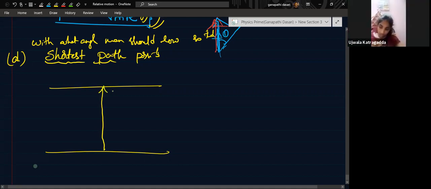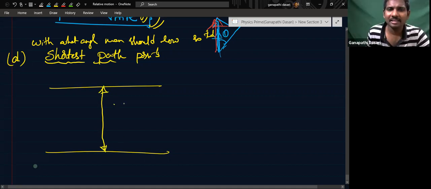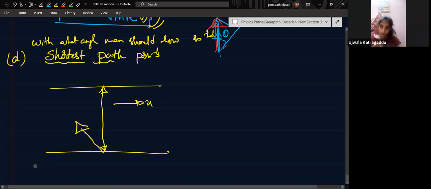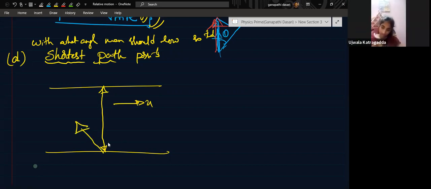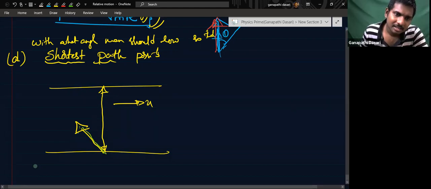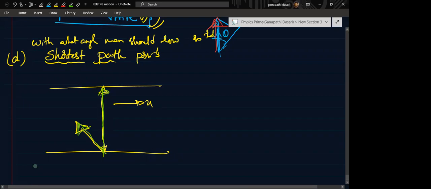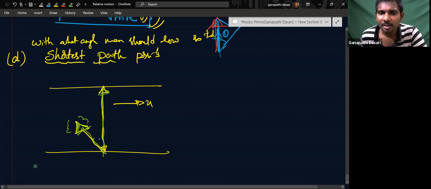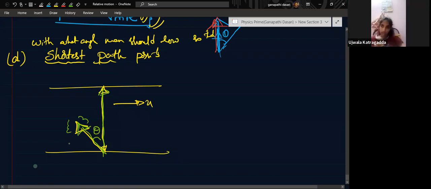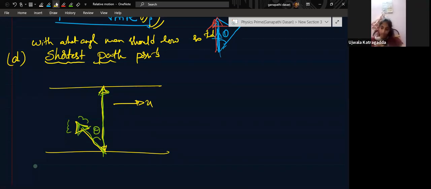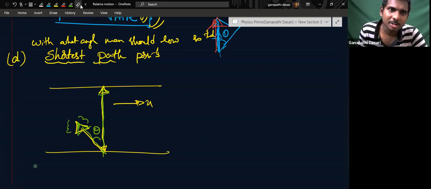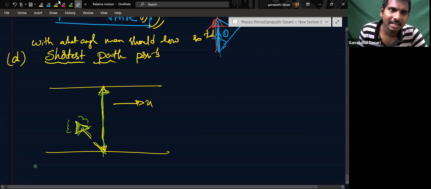If he has to go exactly in this path, when the velocity is like this, he should point like this, right? If he points like this, there is a chance that he might go like this. For him to point out, which angle should he take? I'll take it as alpha, because you remembered theta, but I'm taking another angle here.